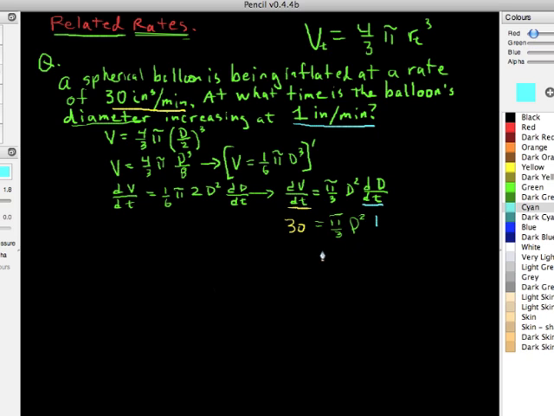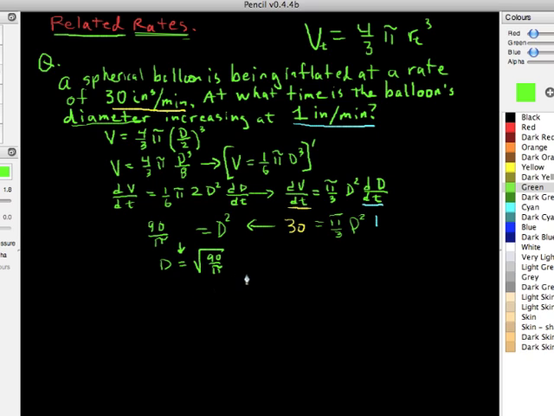Well, we just solve this for d squared. This is d squared is equal to 90 divided by pi. And then we can say that the diameter is equal to the square root of 90 over pi. Now, before I rush to my calculator, let's just keep working with this.